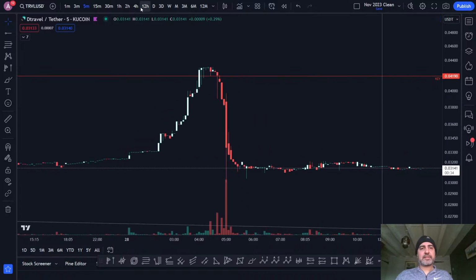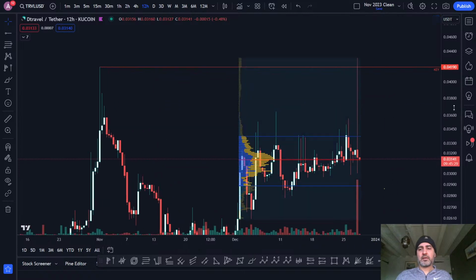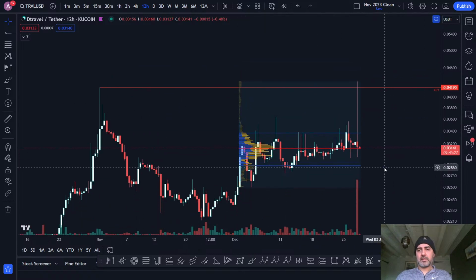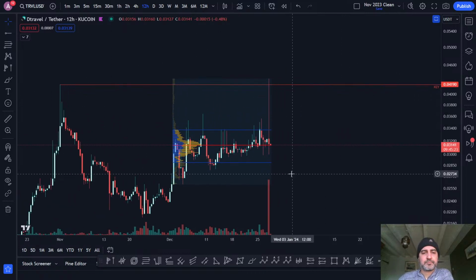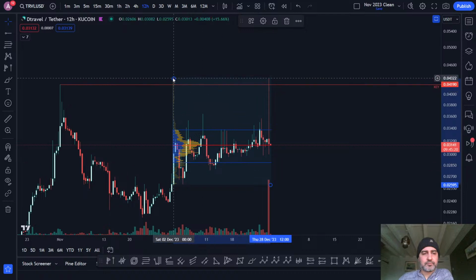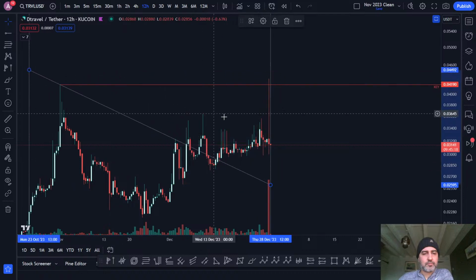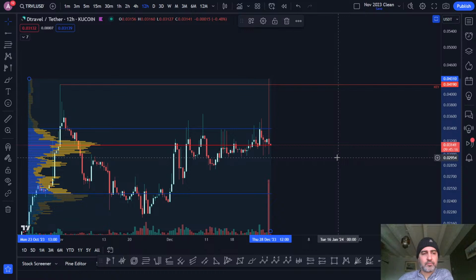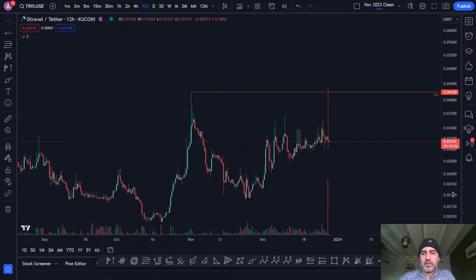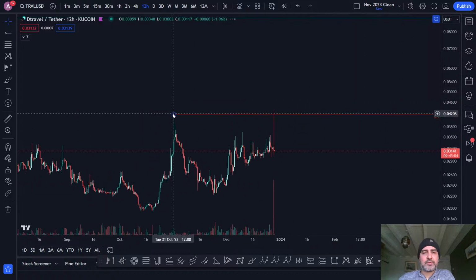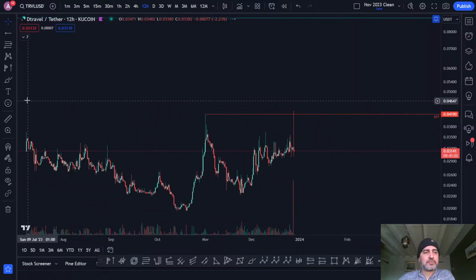Now that we have this level here, I think we need to flip this level into support.